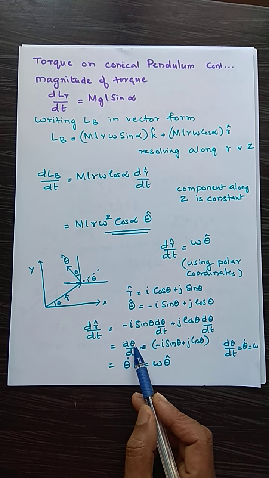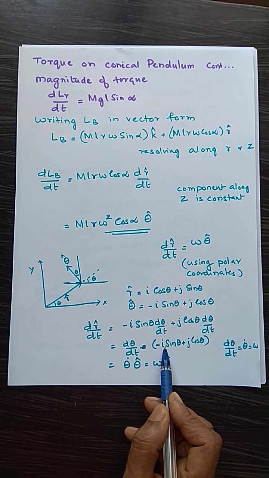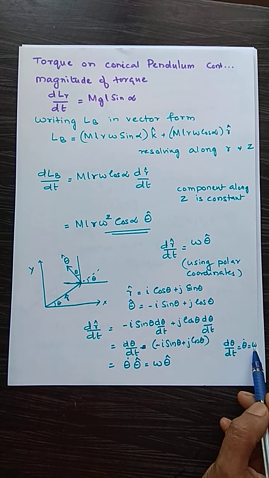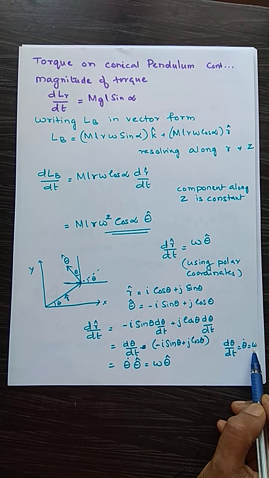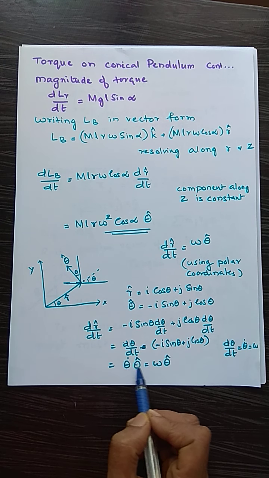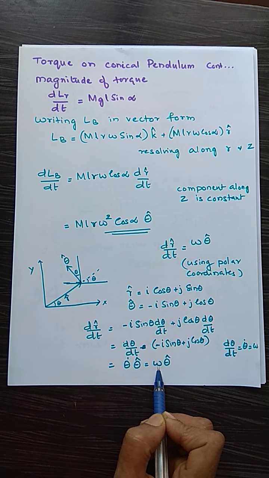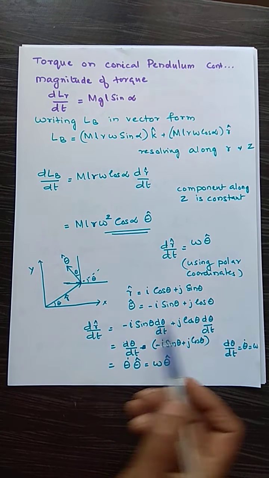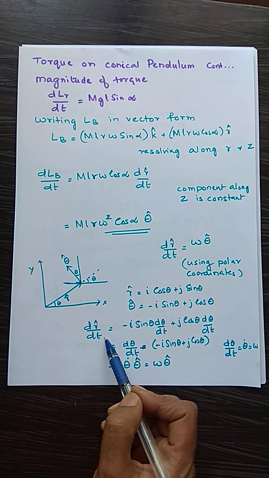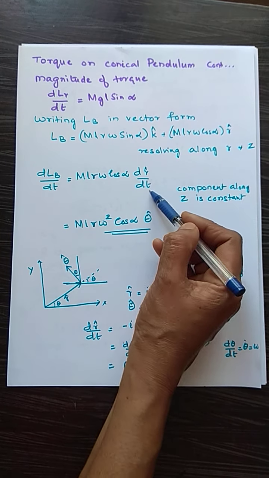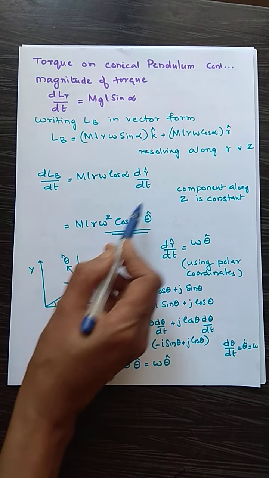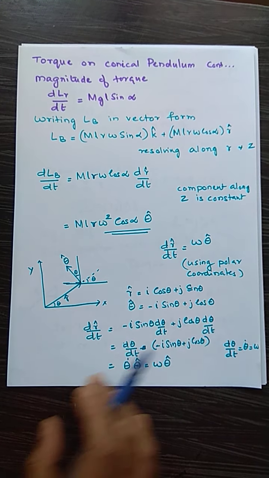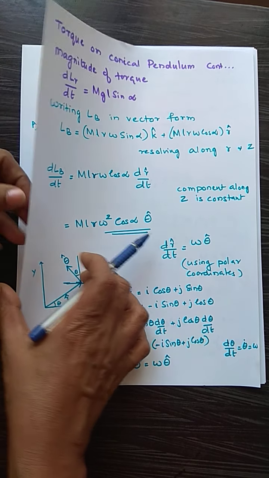So this is d theta by dt into unit vector theta. d theta by dt can also be written as theta dot, which is the angular velocity omega. So dr by dt equals omega theta. This is the substitution we used here: omega comes in and becomes omega square, and unit vector theta comes in. That is how you got this expression.